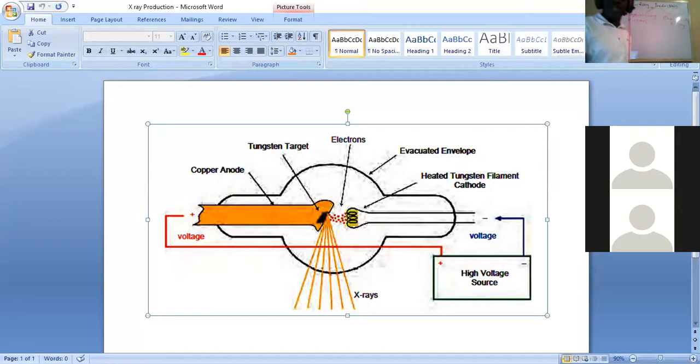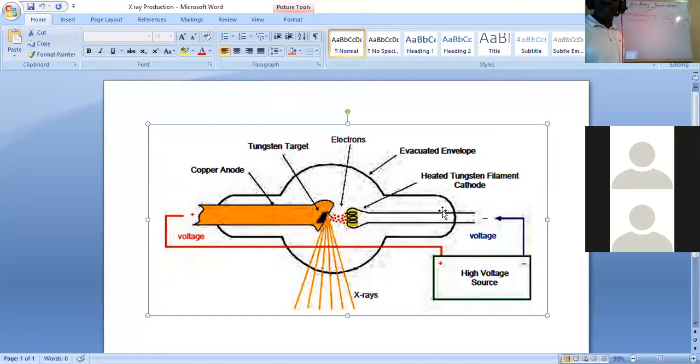So this is the most important aspect of X-ray production. The X-ray tube, the most important piece of equipment we have there. We have the evacuated glass tube.